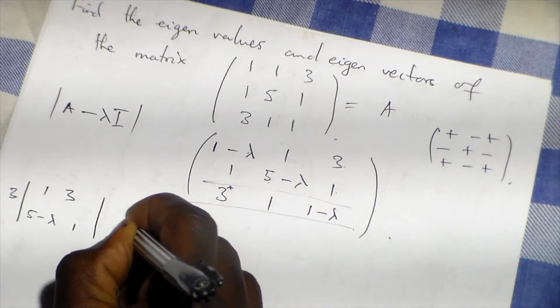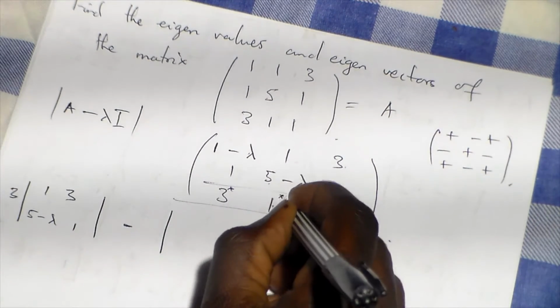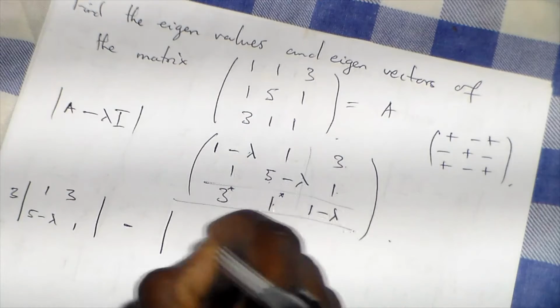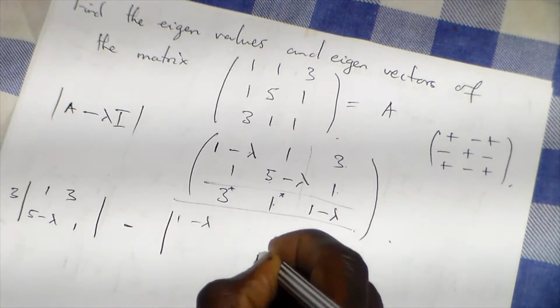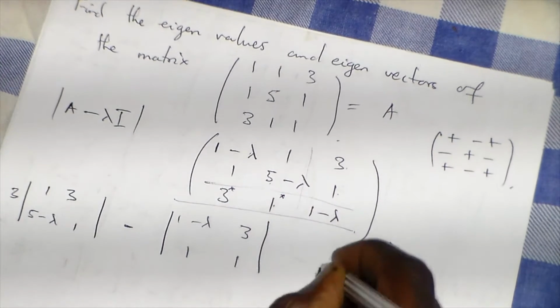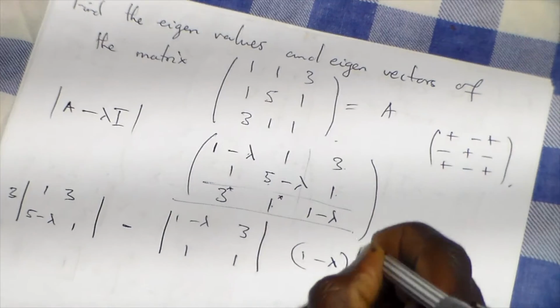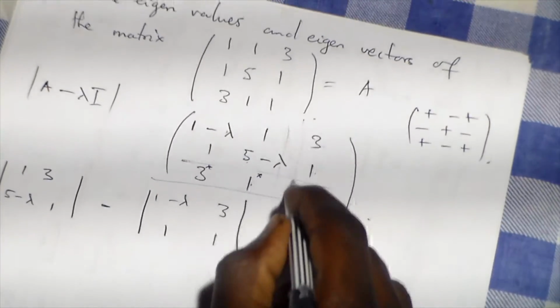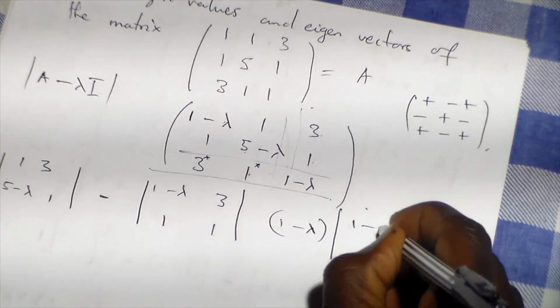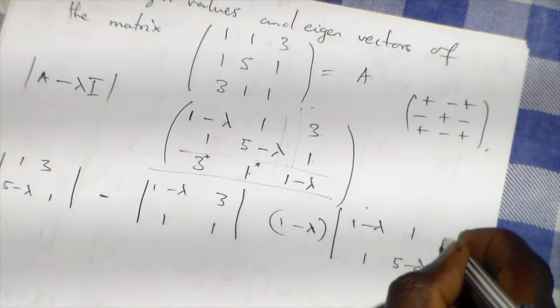Then the next one, we're talking of this negative 1. The minus of this matrix, we are deleting row and column, is 1 minus lambda, 3, 1 and 1. The last element is 1 minus lambda, its minus are 1 minus lambda, 1, 1, 5 minus lambda.